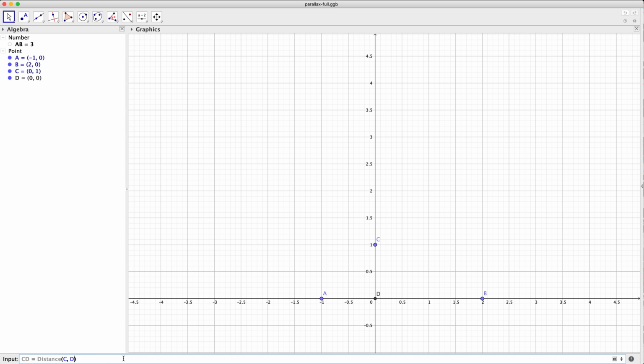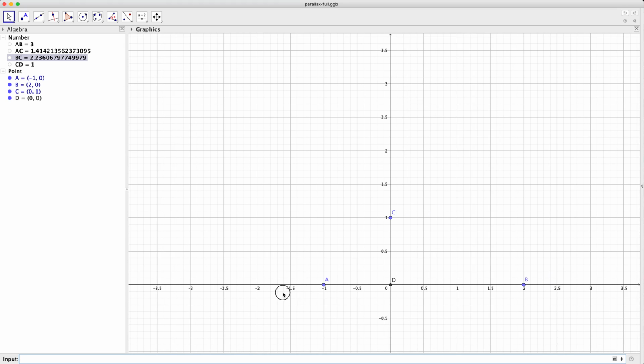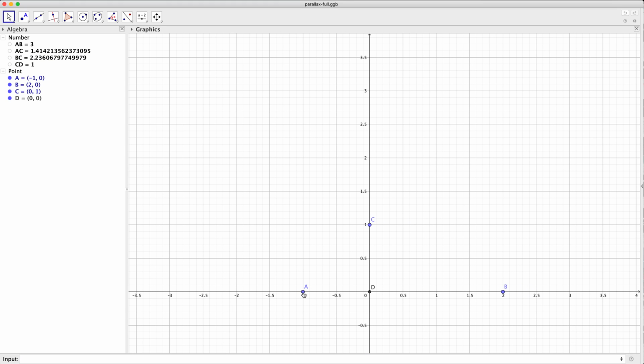Distance CD, and just to make it all clear, because we'll need these to make some points, distance from A to C, and the distance from B to C.